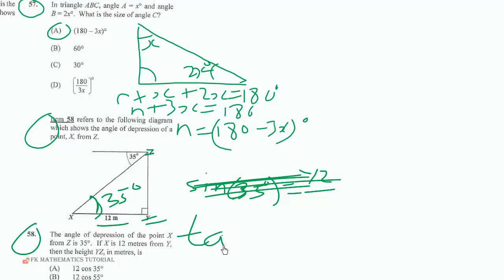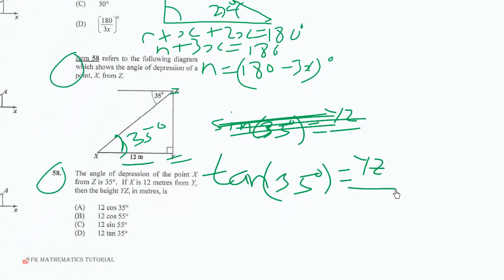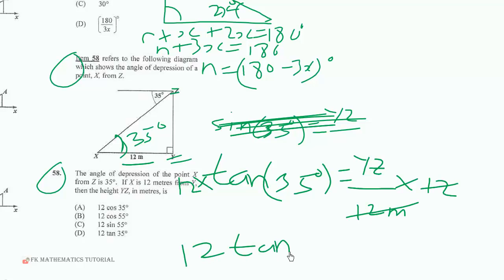So tan 35 degrees will be equal to opposite, which is YZ, over adjacent, which is 12 meters. So YZ is equal to 12 times tan 35 degrees. So the correct answer is D.